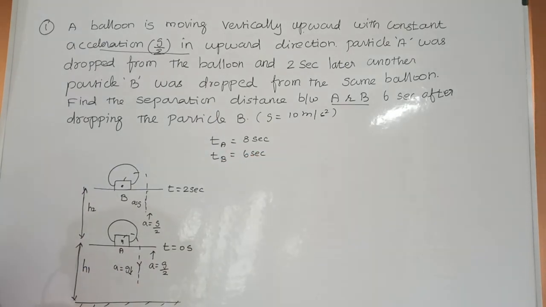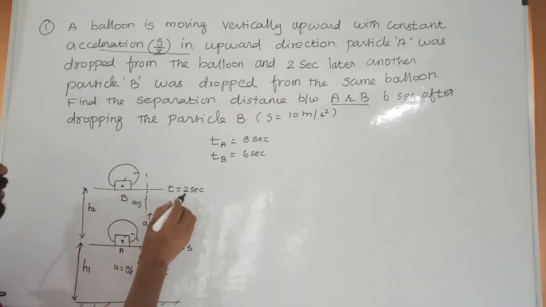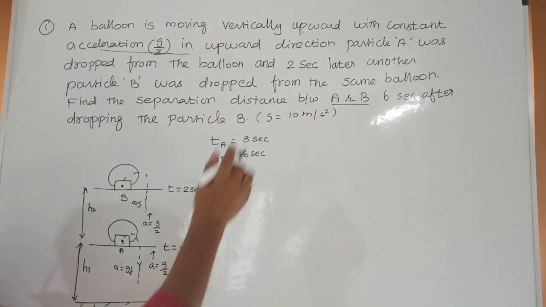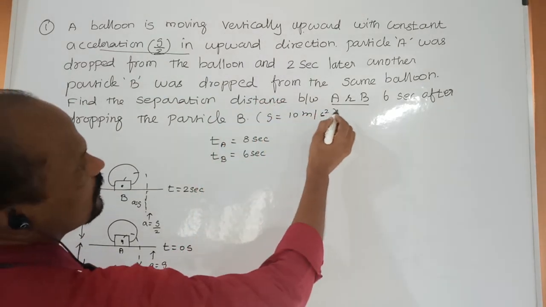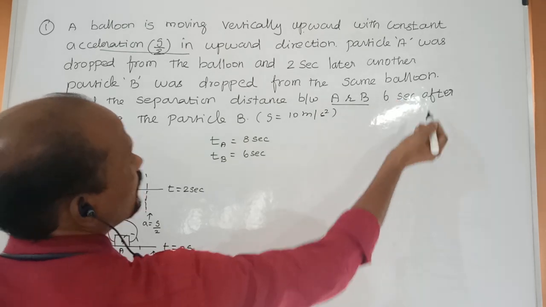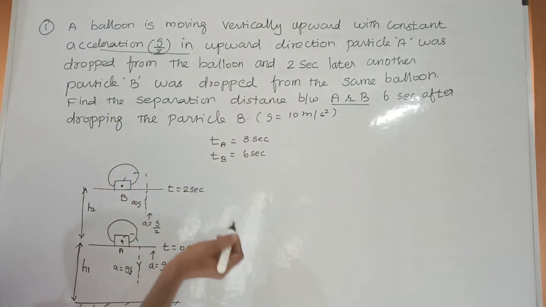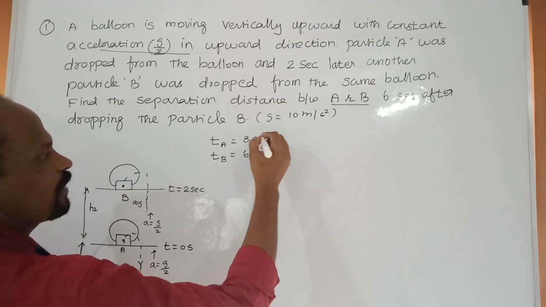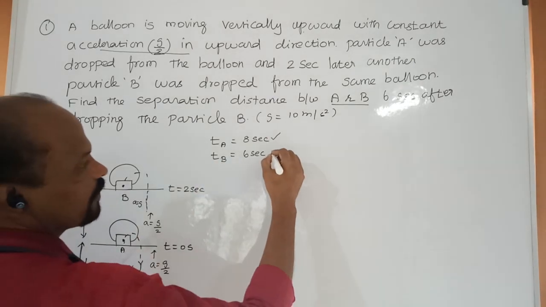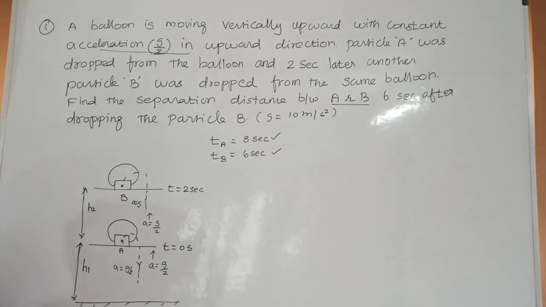Because particle B is dropped 2 seconds later. Here we have to find the separation between A and B 6 seconds after dropping particle B from the same balloon. So the time of flight of particle A is 8 seconds, and that of particle B is 6 seconds.